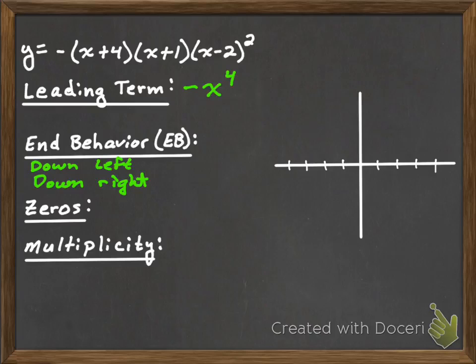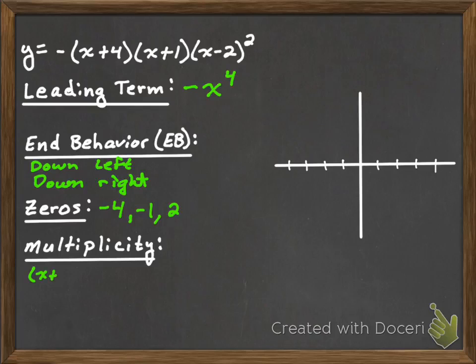All right, so next thing is pick out our zeros. Our zeros are the values that make each parenthesis 0. So -4 would make that parenthesis 0. -1 would make this parenthesis 0. And +2 would make this parenthesis 0. All right, so we have 3 factors.